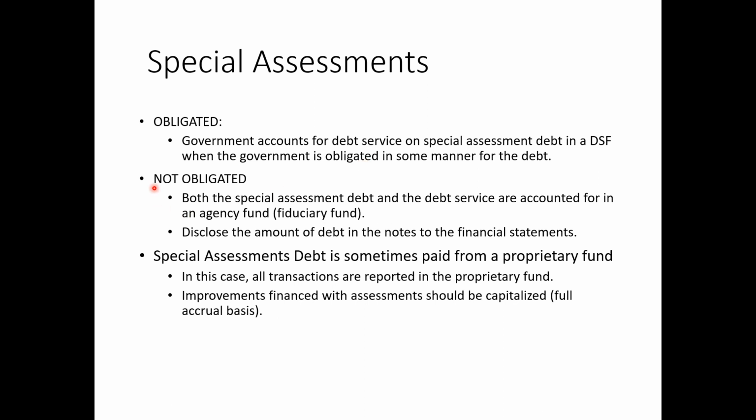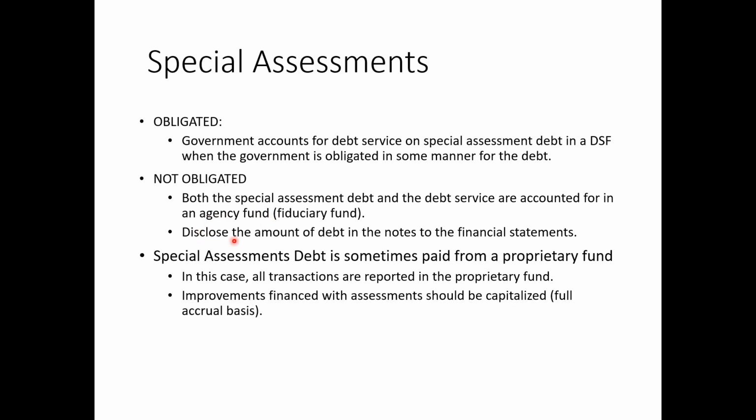If the government is not obligated, both the special assessment debt and the debt service are accounted for in an agency fund, which is a fiduciary fund we're going to talk about later. So the government is doing this for the residents, but the debt and the asset are not part of the government. So it's an agency fund.